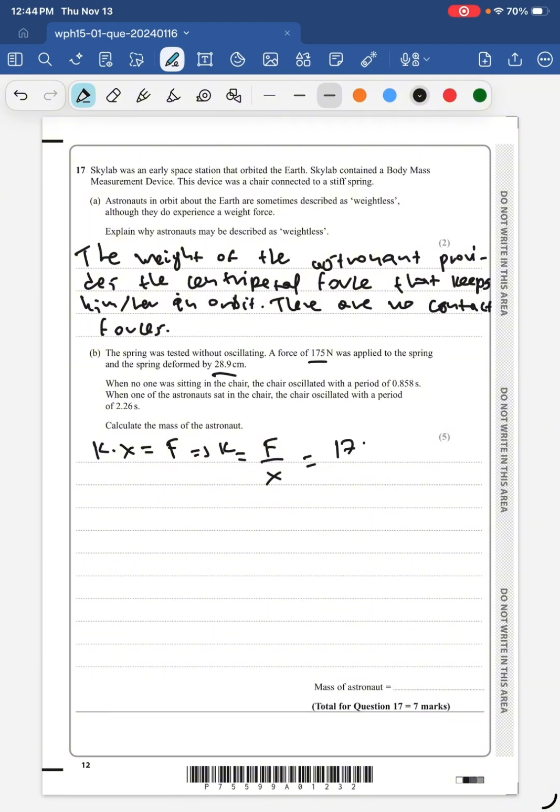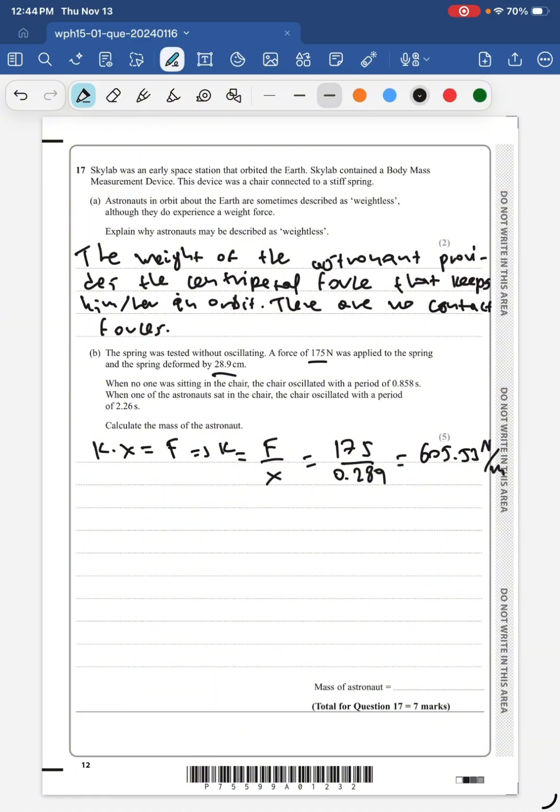So 175 newtons over, we need to convert that to meters, 0.289, which gives us 605.53 newtons per meter. Okay, when no one was sitting in the chair, it oscillated with a period of 0.858 seconds.